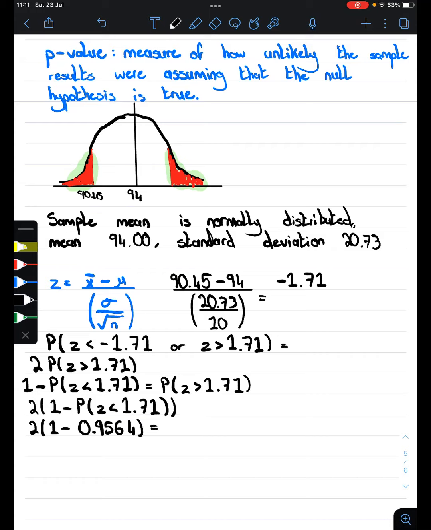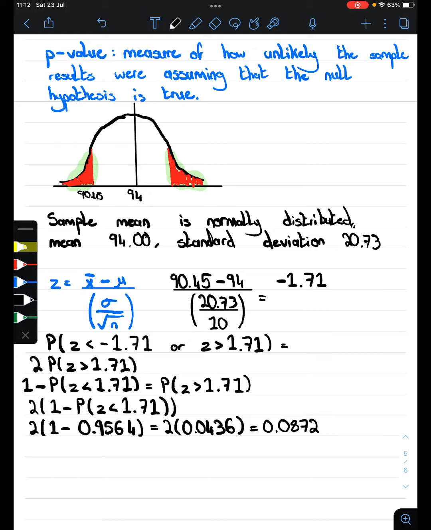And that'll be 2 by 0.0436, which is just 0.0872.